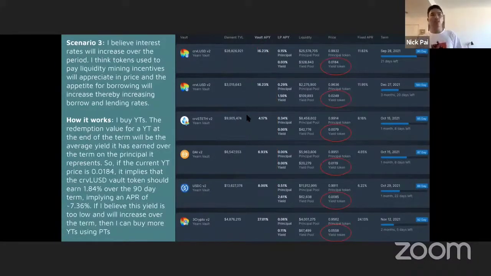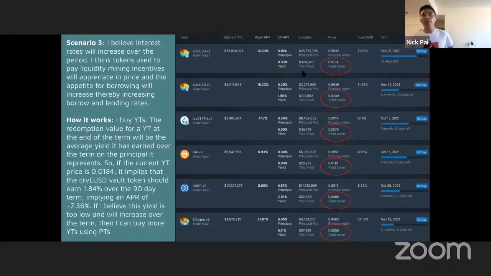And lastly, if I have an opposite view on interest rates and I think that interest rates will increase over a period, I can swap my vault tokens for the yield token and speculate on the yield. I can also compound yield by selling principal tokens for more yield tokens and just increasing my yield exposure.